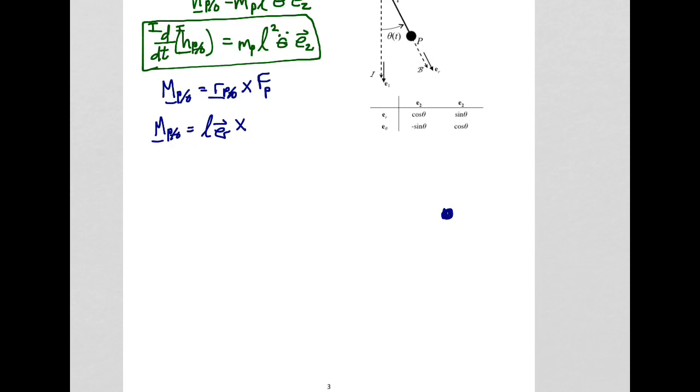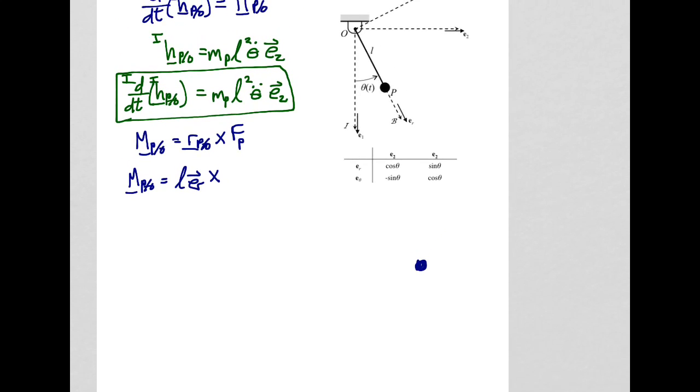So for our free body diagram of this simple pendulum, which we've drawn before many times, it's gravity pointing down, but this is not in the negative direction, it's in the positive E1 direction.